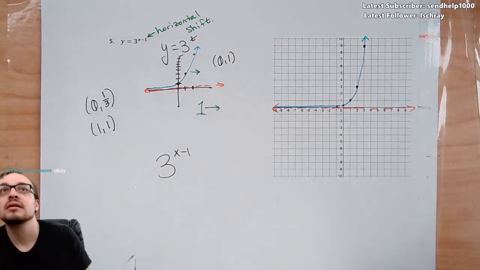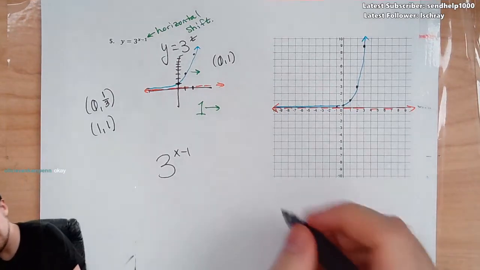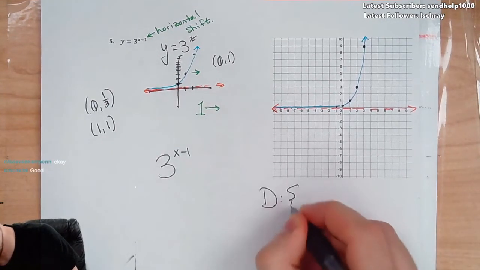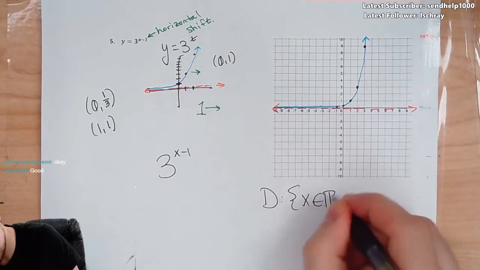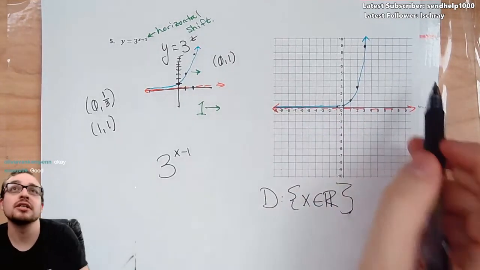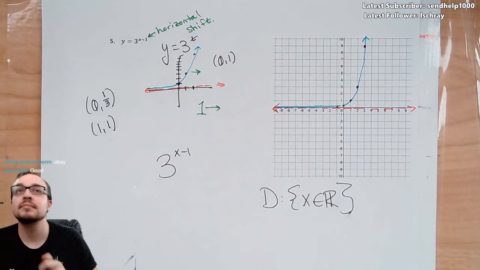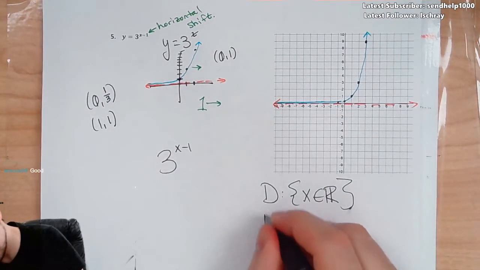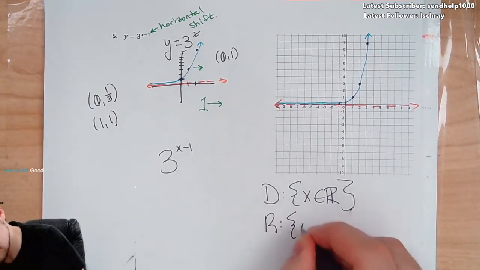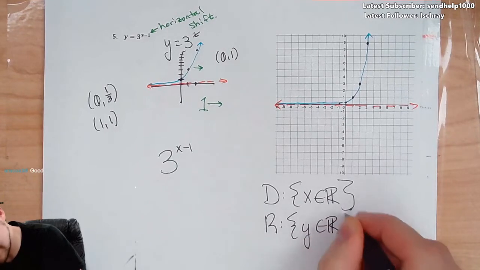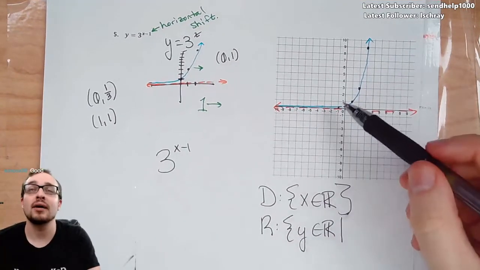So, what's the domain? Well, x can be any number at once, because we can go left to right as far as we want. What about the range? Well, y can be any number at once, except what can't y go below?